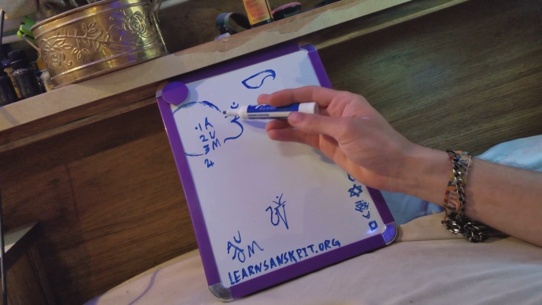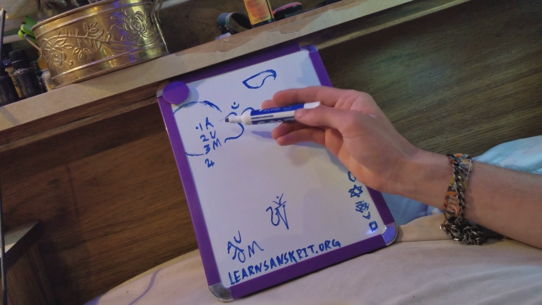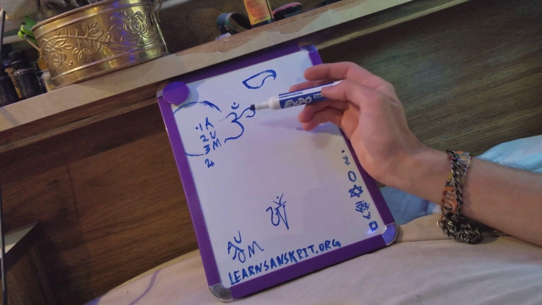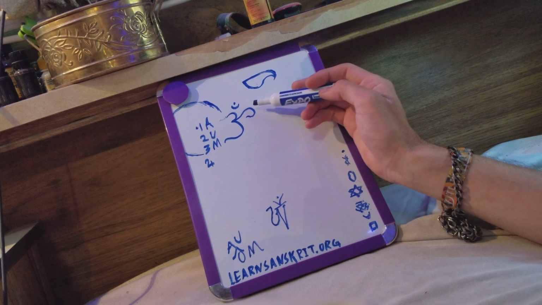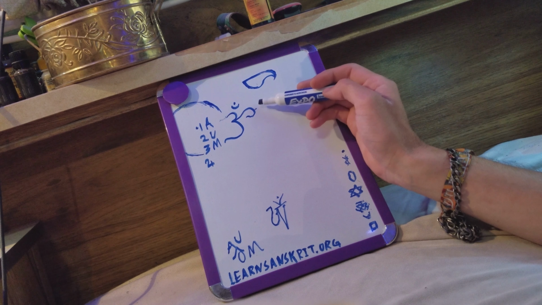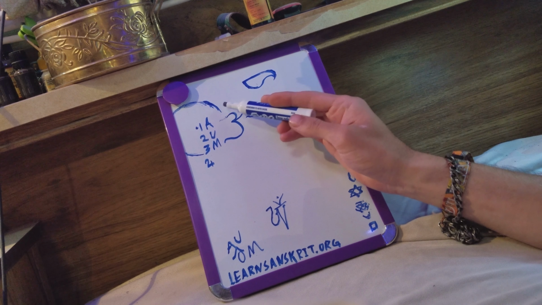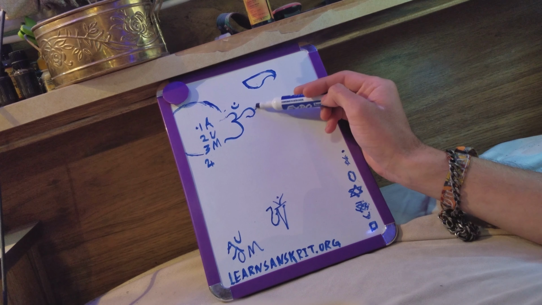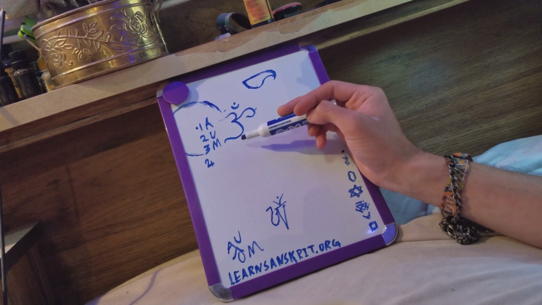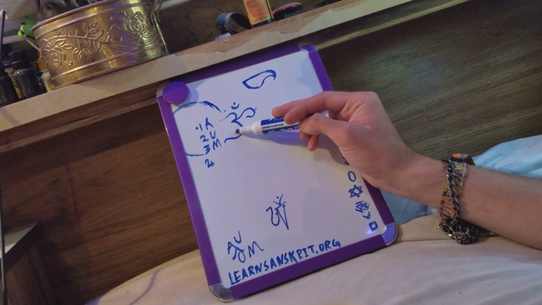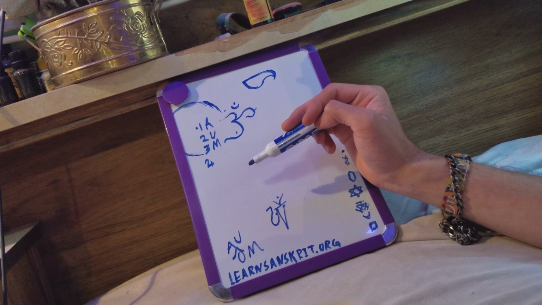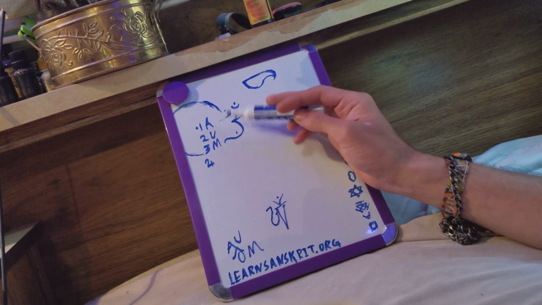So you have the waking life, you have the dreaming life, and you have the deep sleep or unconscious as these 3 parts.